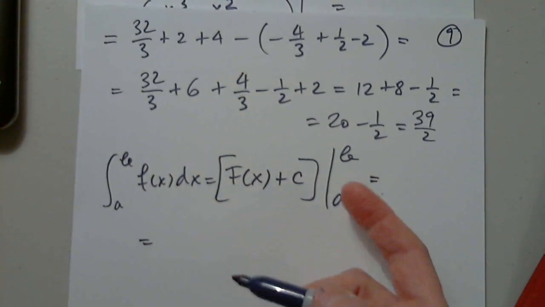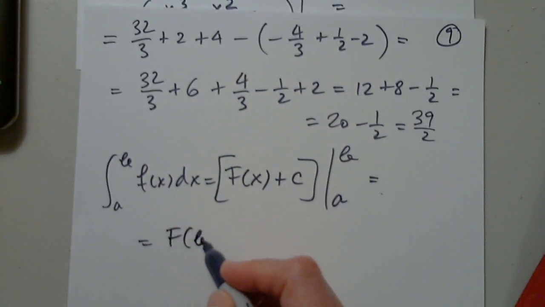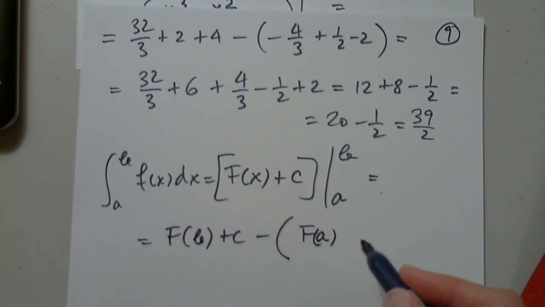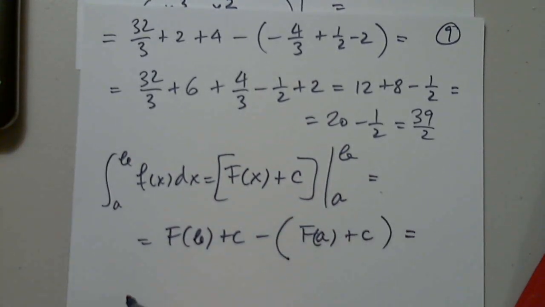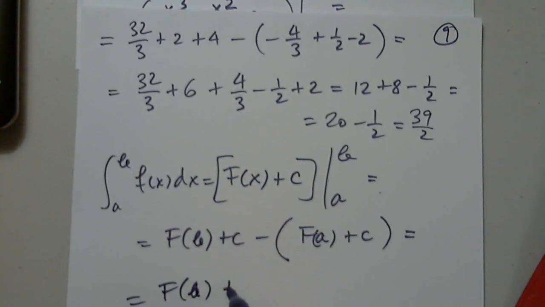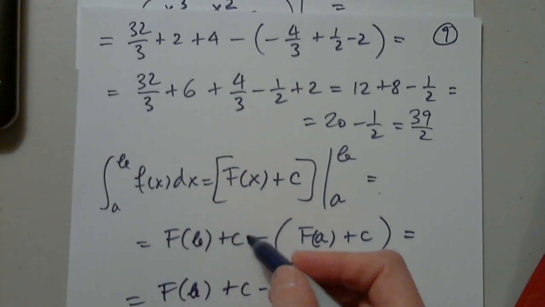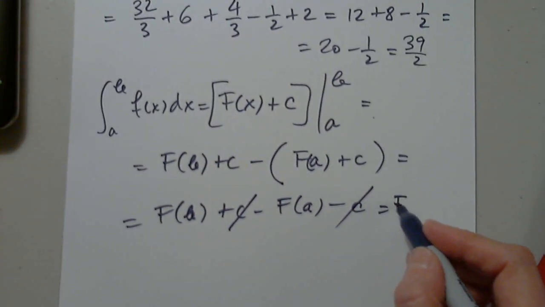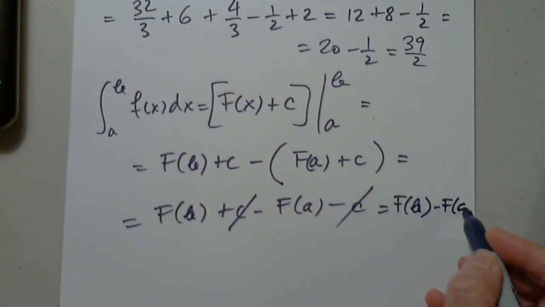Here it is. We plug in b minus we plug in a: f of b plus c minus f of a minus c. And we get f of b minus f of a.